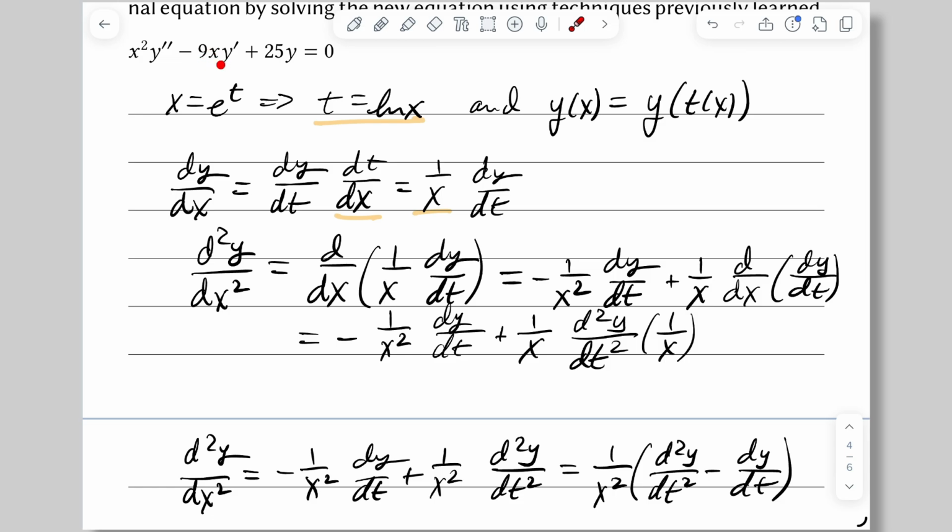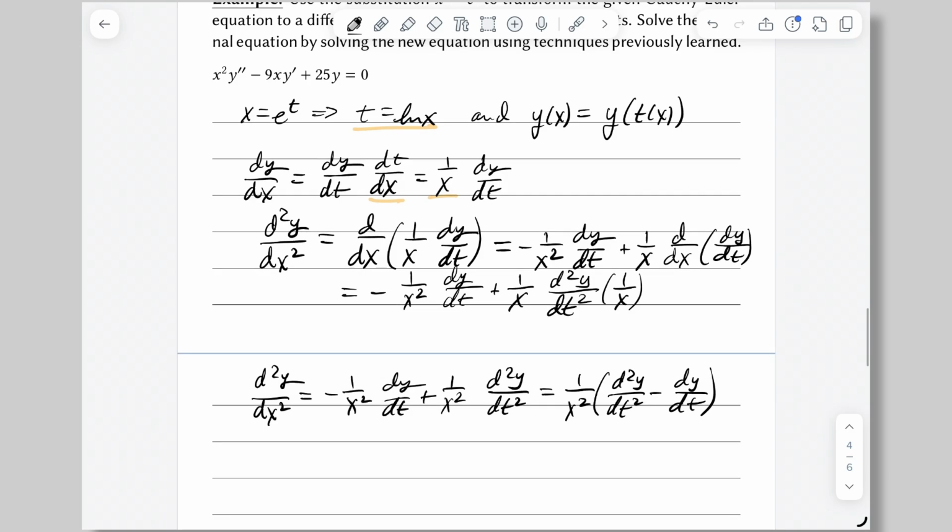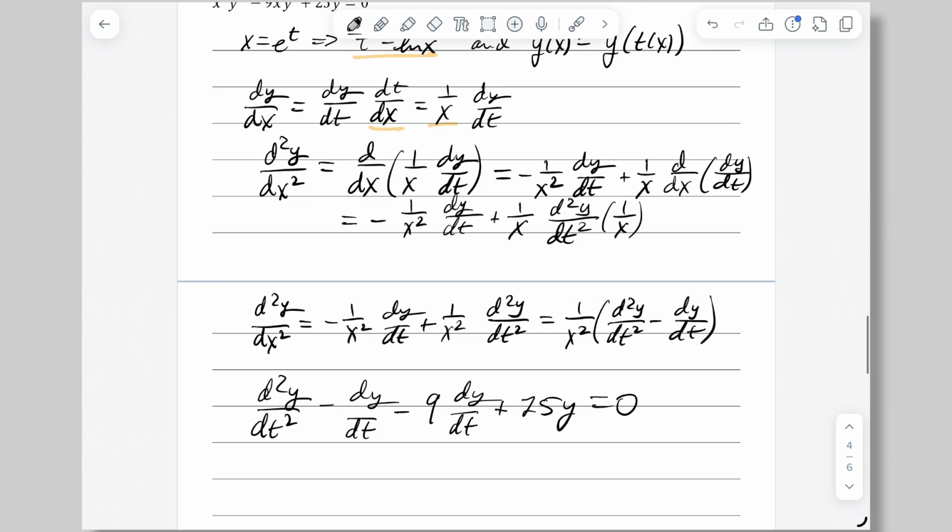Likewise, the y prime term has a factor of x in it, 9xy prime, and dy dx, which is y prime, has a factor 1 over x. So the x's are going to divide out. The result is the equation d2y dt2 minus dy dt plus 9 dy dt plus 25y is equal to 0.